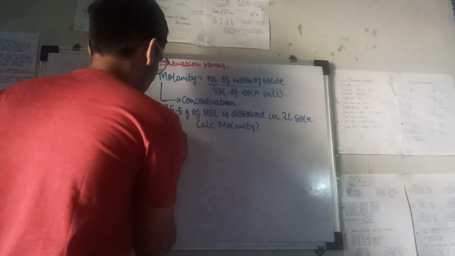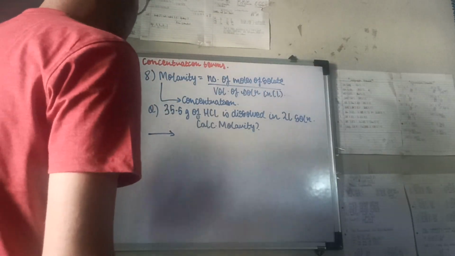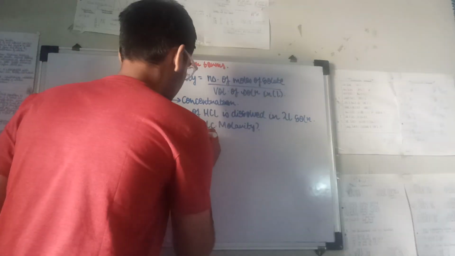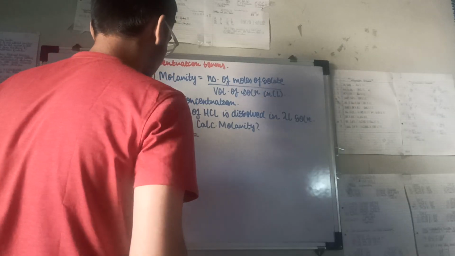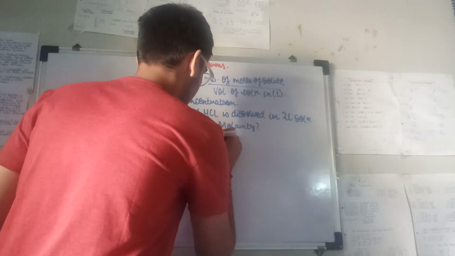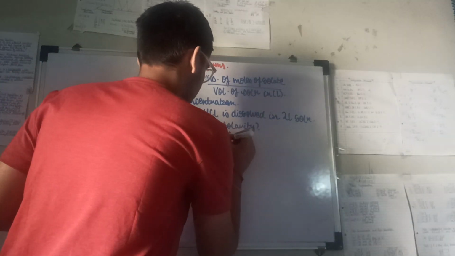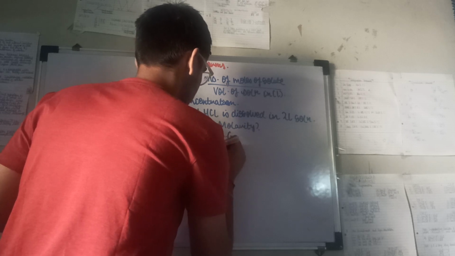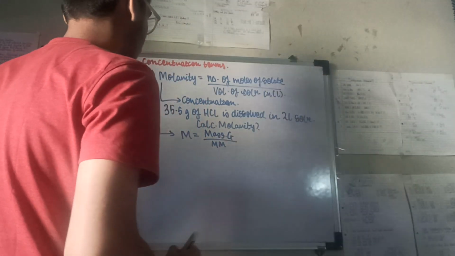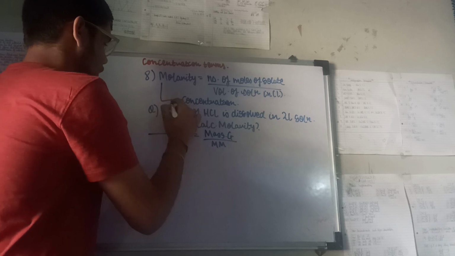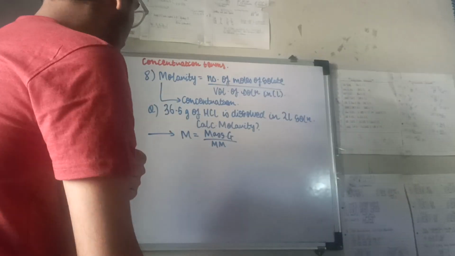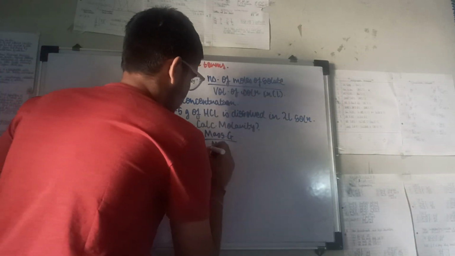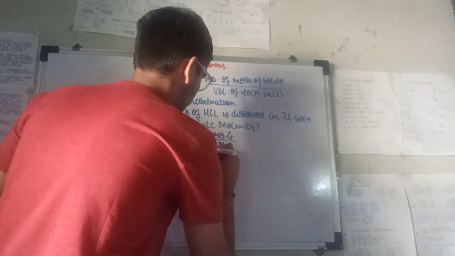I am solving it. So what will be the solution? Molarity is equal to number of moles. So how will I calculate? Mass given by molar mass, sorry, make this 36.5, divided by volume in liter.